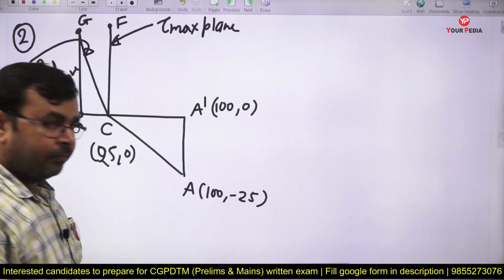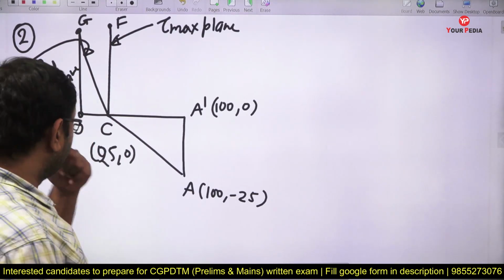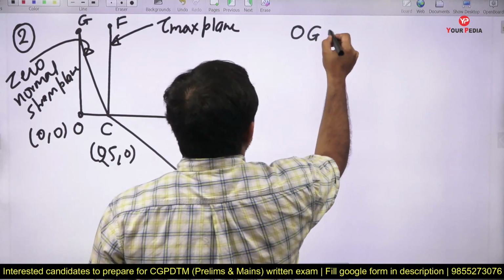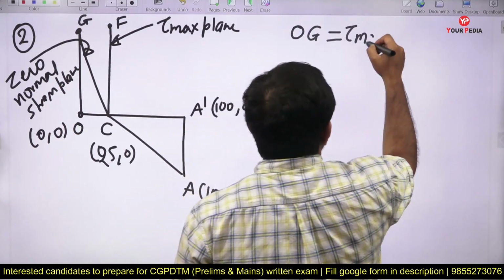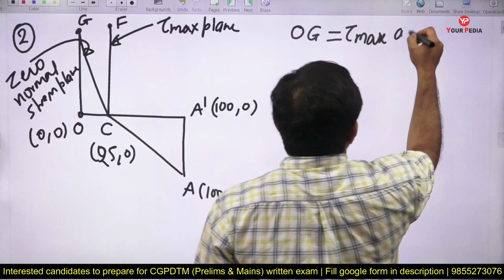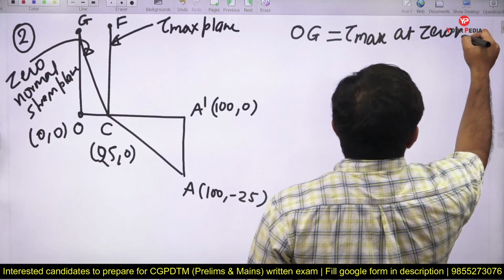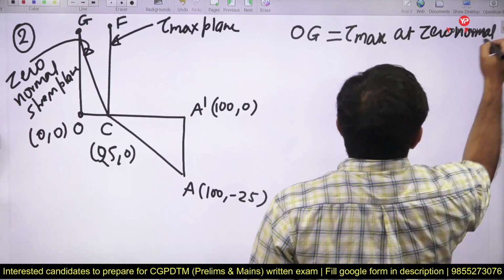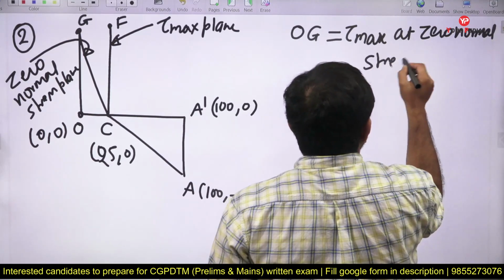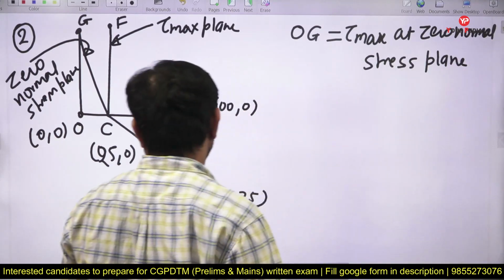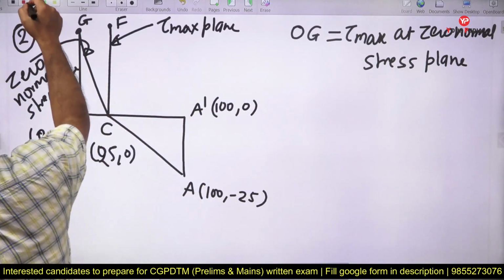Yes or no? Correct? So here you need to calculate the OG length, and this OG is nothing but tau max at the 0 normal stress plane. Yes or no? Correct? So how to calculate this length?